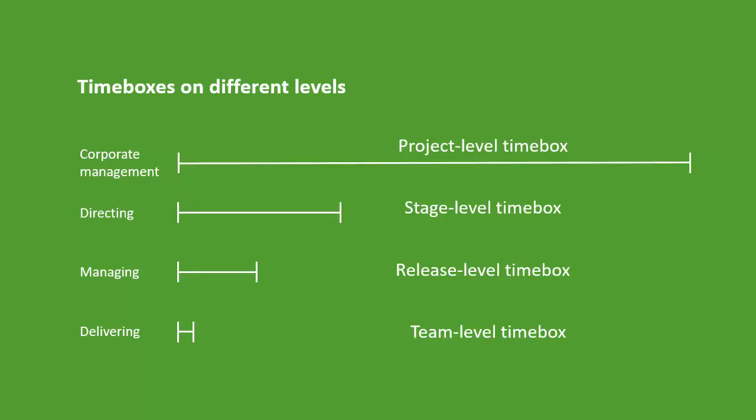And if we have 2-month long releases, 2-week sprints would mean that we can have 4 sprints and then we release something to the users. So that would work pretty nicely. So now let's say we have a project that is 16 months long, we have 4-month long stages, we have 2-month long releases, and we have 2-week long sprints.